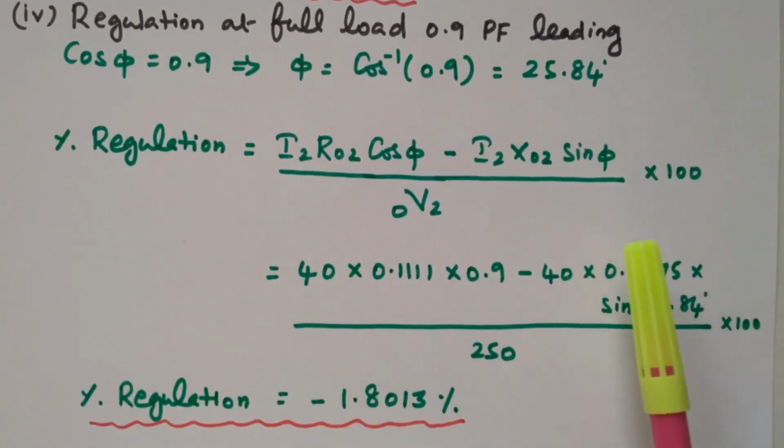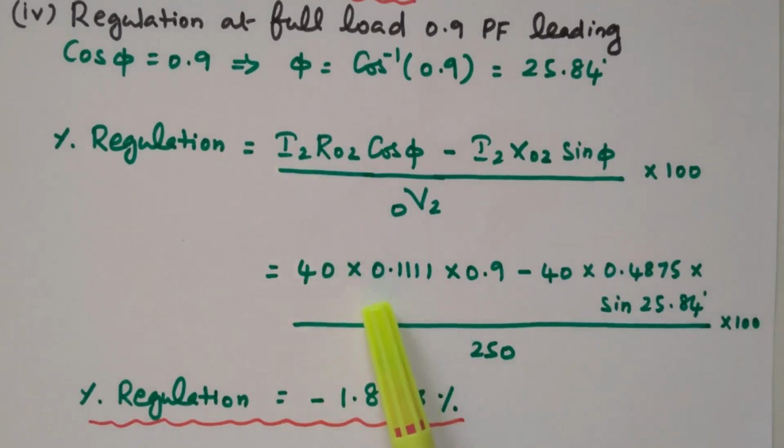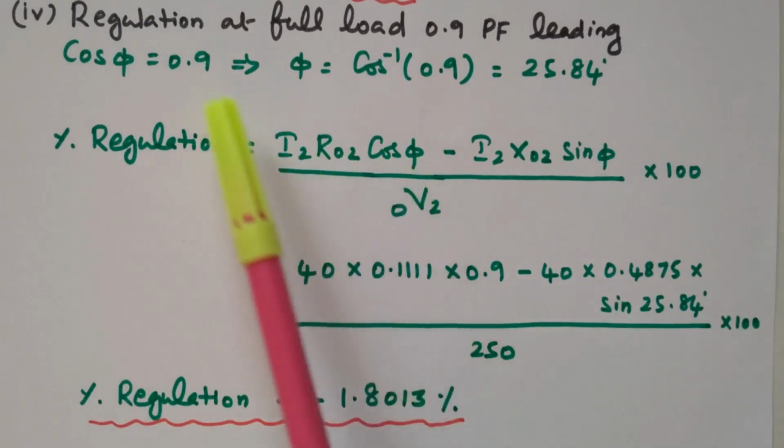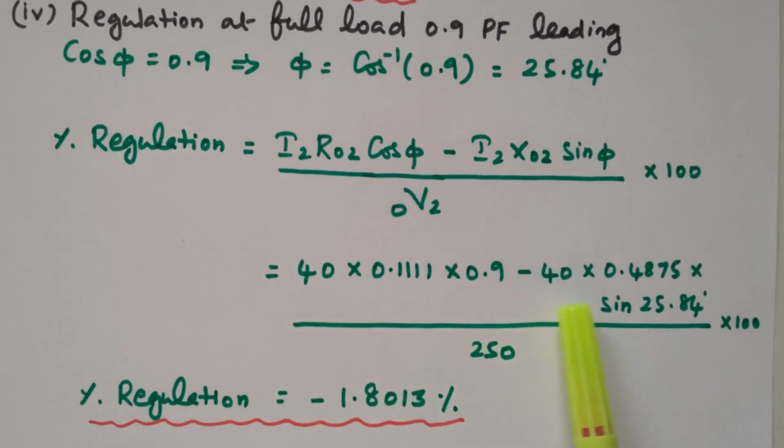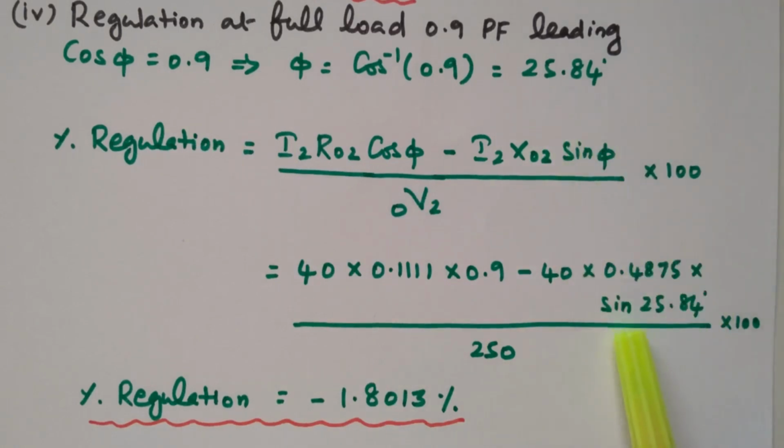All these values are available. I2 is the secondary current, 40, into R02, already calculated as 0.111. Then cos phi is 0.9, minus 40 into X02, which is 0.4875, into sin phi. Phi is 25.84, so sin 25.84, into 100, divided by the no load secondary voltage, which is 250.